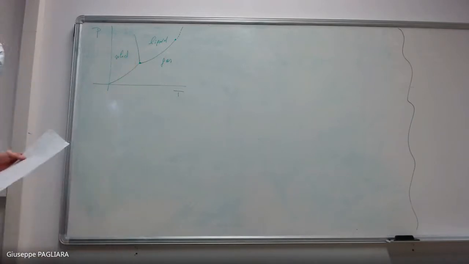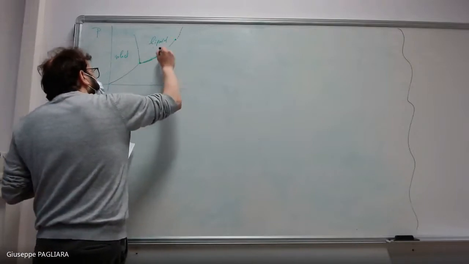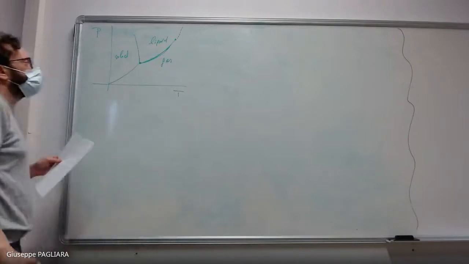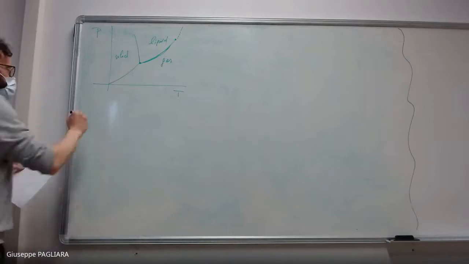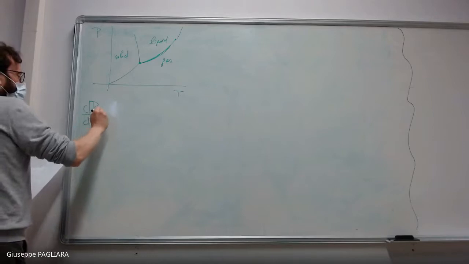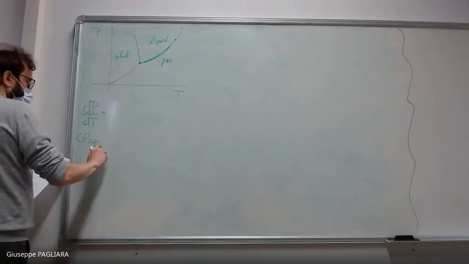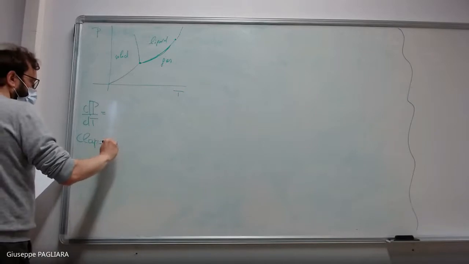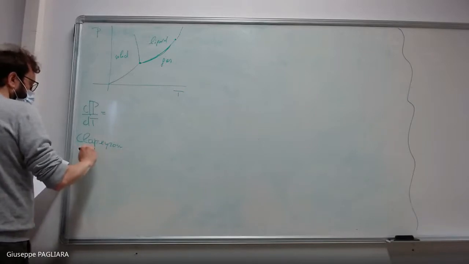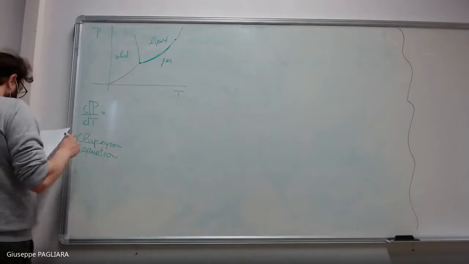And we computed here the shape of this line of first order separating the liquid and the gas, and then we derived the Clapeyron equation. And that was the following.